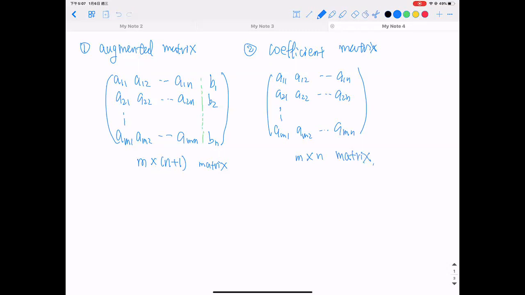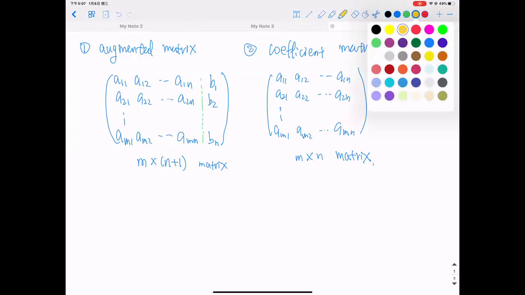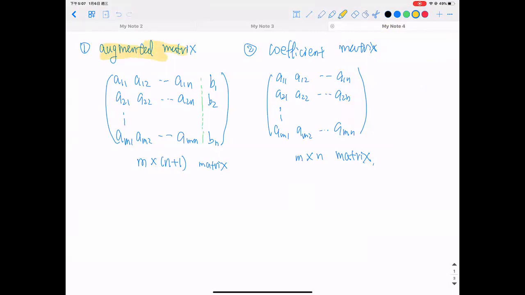Okay, and so that's what we have now. And as you can obviously see, the augmented matrix records everything you need to know about the linear system.